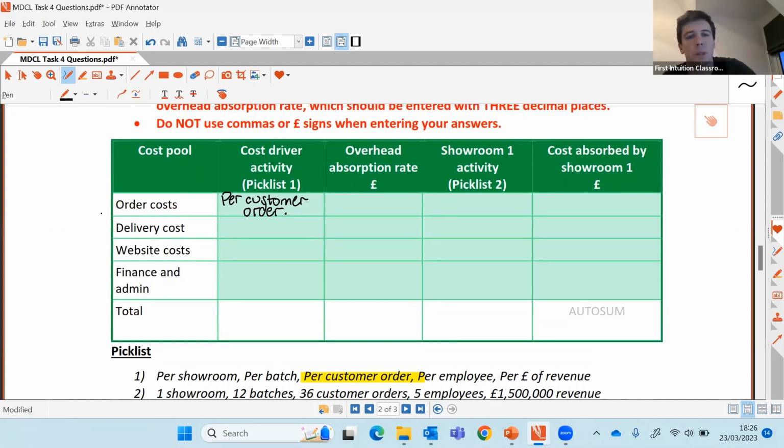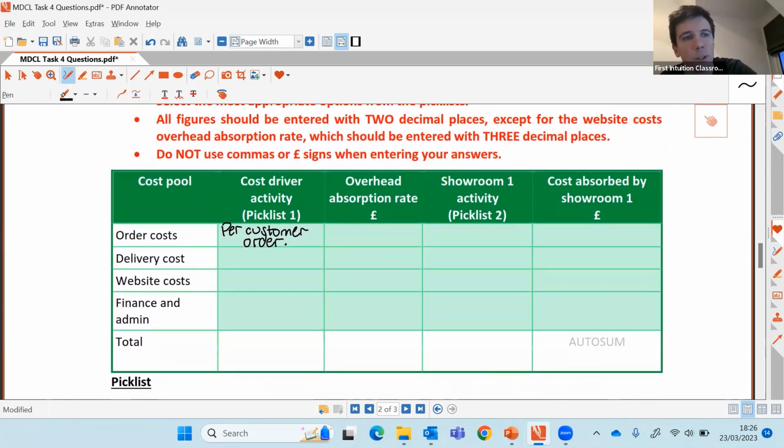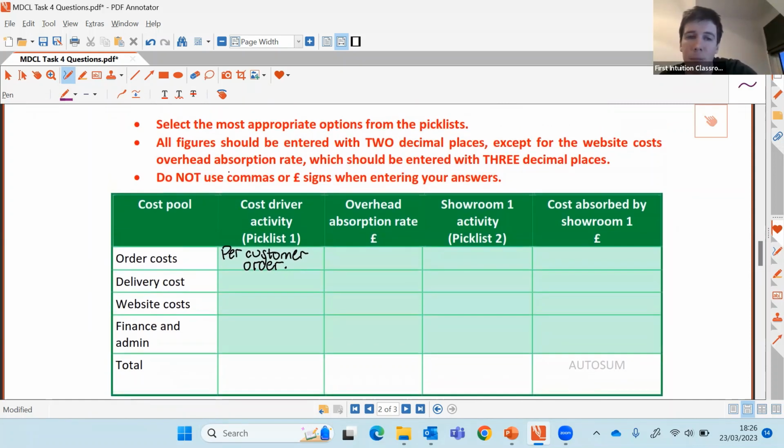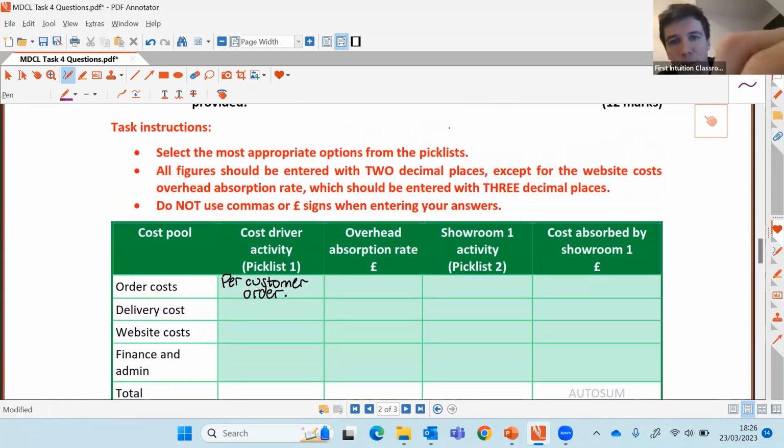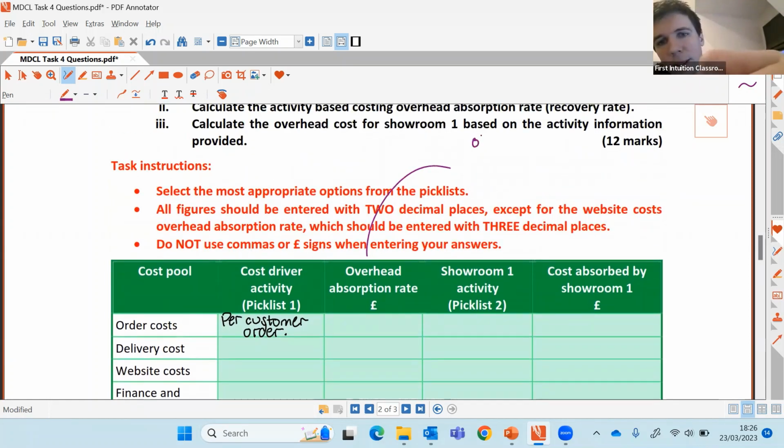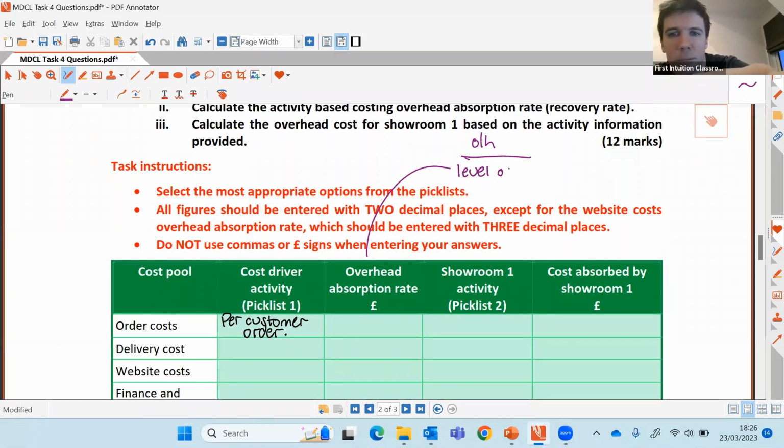This is a key term with management accounting, something that you would have seen quite frequently when you did your management accounting papers. The overhead absorption rate is calculated by taking the overhead and dividing it by the appropriate level of activity.